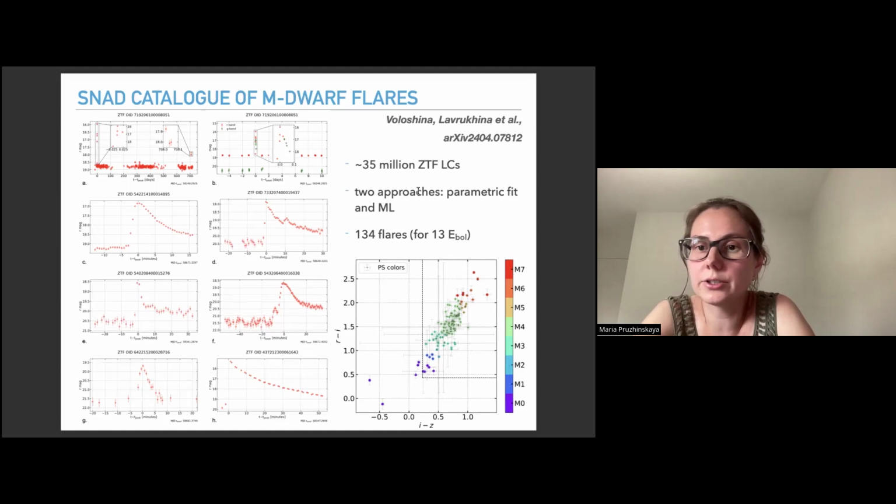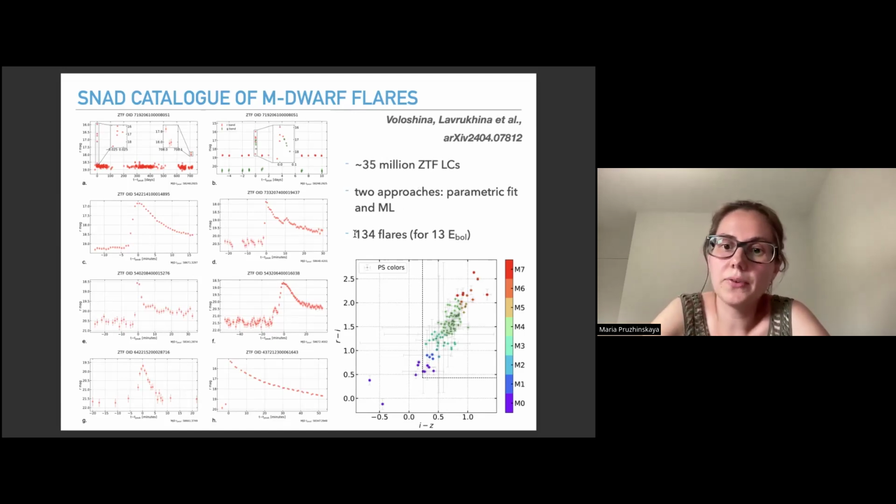One is a standard approach, the parametric fit. And another is a machine learning algorithm. So we again used the active anomaly detection algorithm as a targeted search to look for more objects like that in ZTF data.